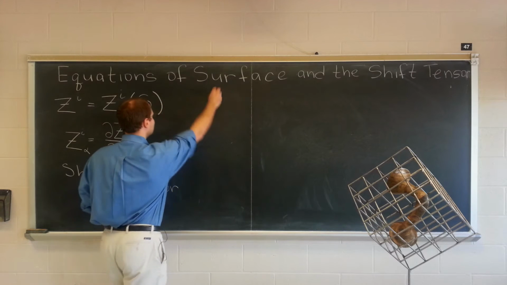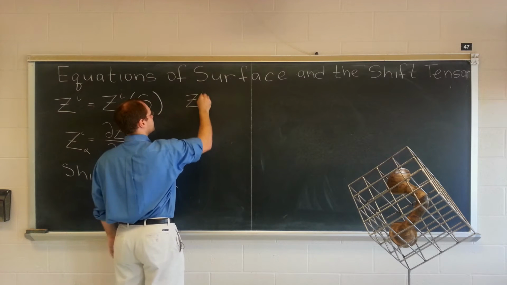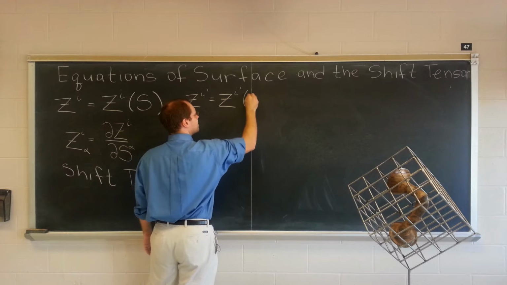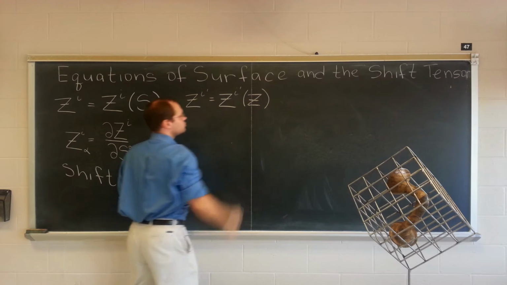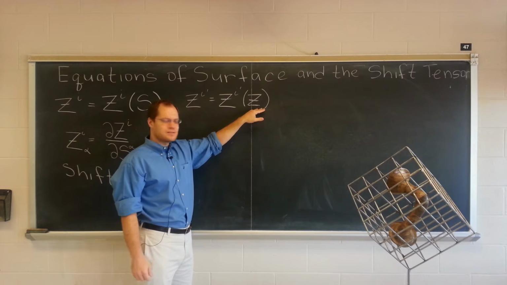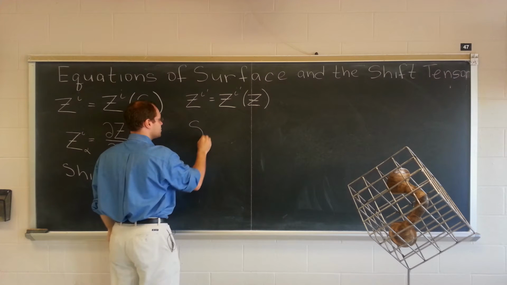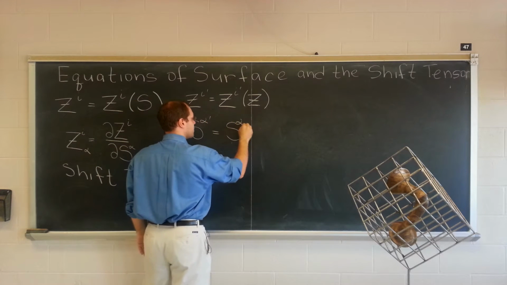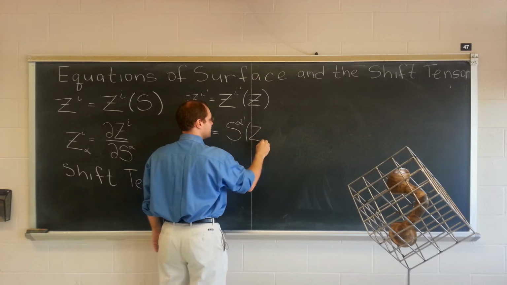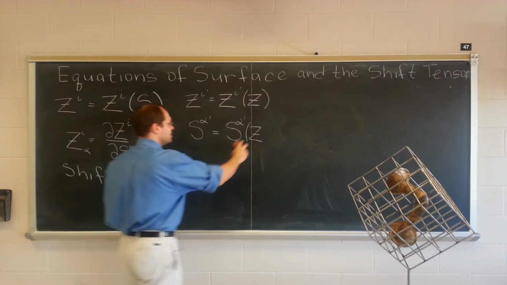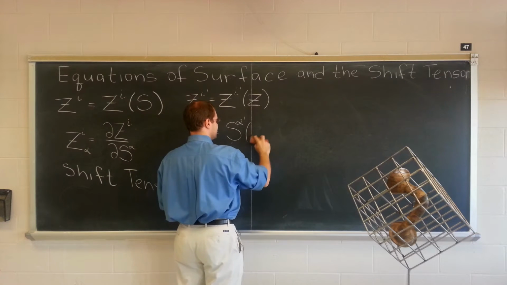We can consider an alternative ambient coordinate system that is somehow related to the original, quote-unquote, original ambient coordinate system. And we can consider an alternative coordinate system on the surface that is also related to the initial coordinate system.